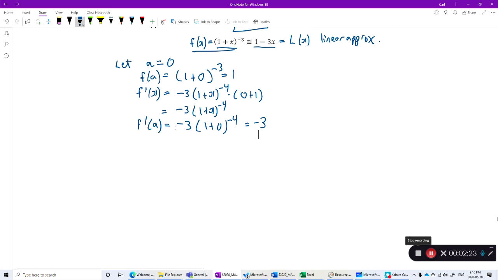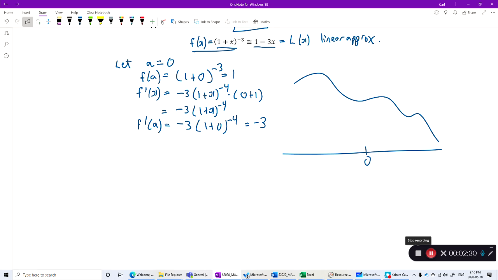So whatever this function is, who knows what it's doing, at 0, I know that the slope of the tangent line is -3. That's the slope of -3.